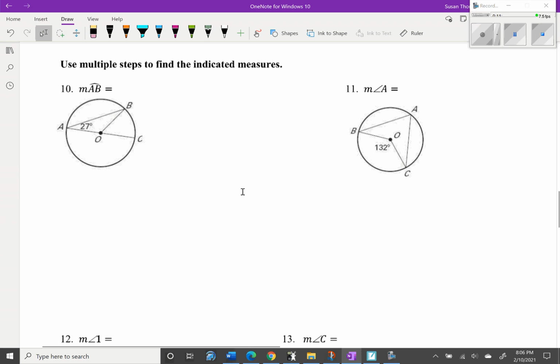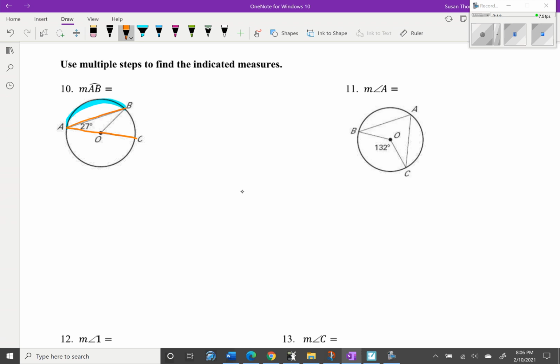All right, so now we're going to use multiple steps to find the indicated measures. We want the measure of arc AB, which is right here. To find that, what do we know? We know that this inscribed angle is 27 degrees, which means we can find arc BC.